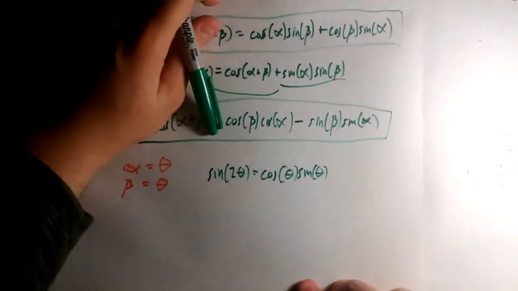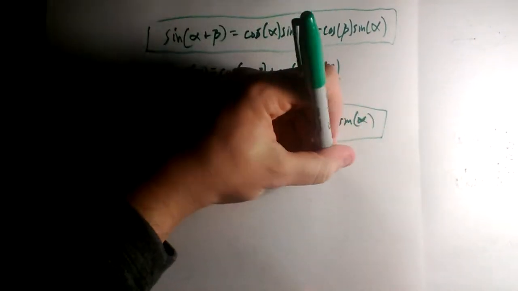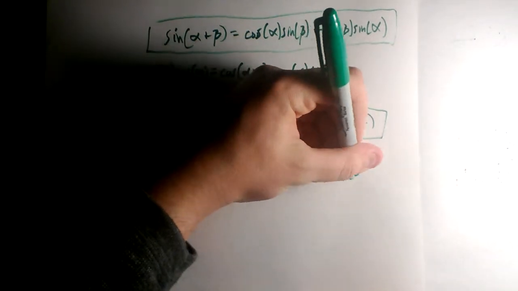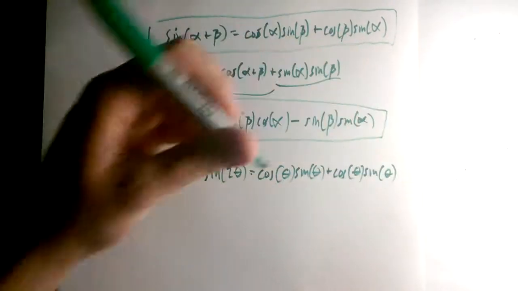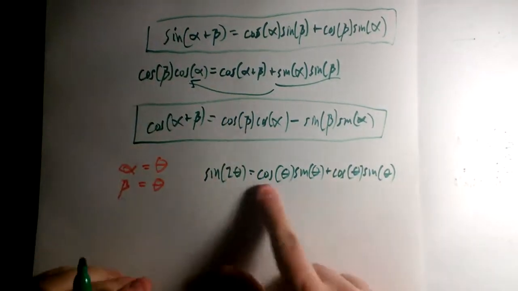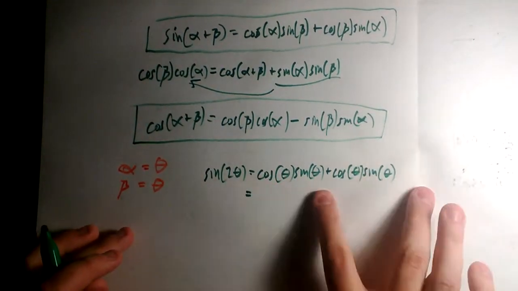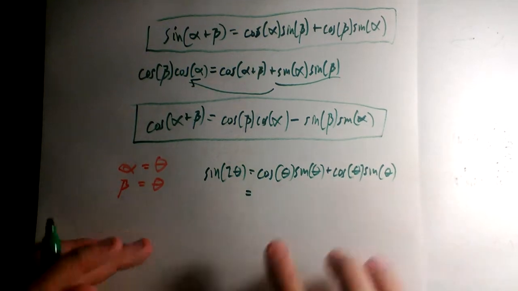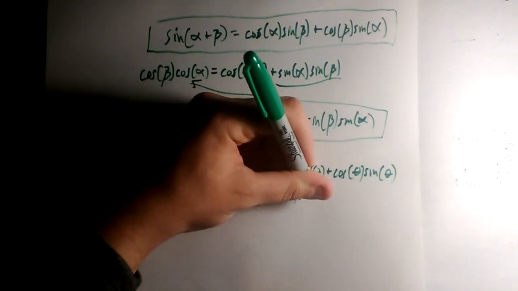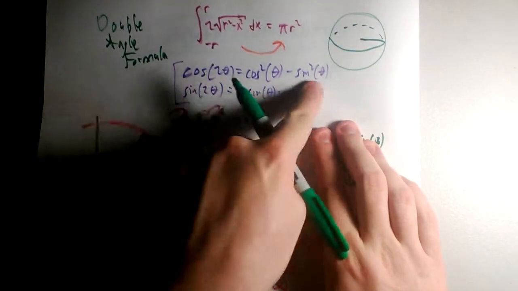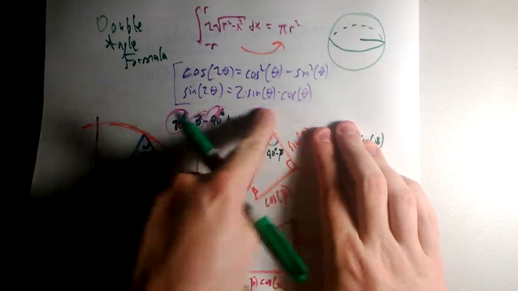Just like making that substitution. And so what is this? That's the same thing: cosine theta sine theta, and cosine theta sine theta. So we have 2 cosine theta sine theta. Ooh, look at that. Oh, I mean this guy, the bottom one.